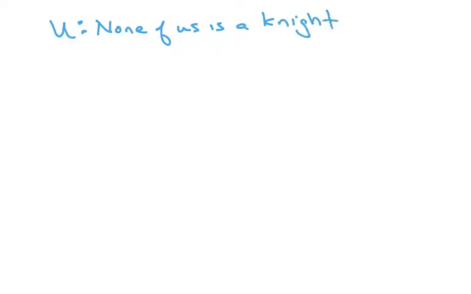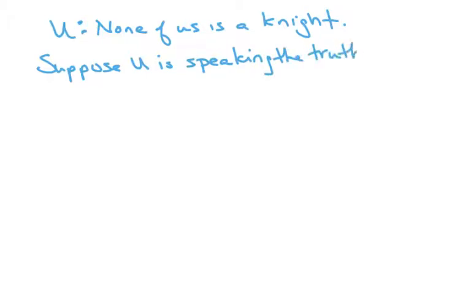Okay, so suppose U is telling the truth. Then what does that mean about U? U is a knight. And that's a contradiction, isn't it?